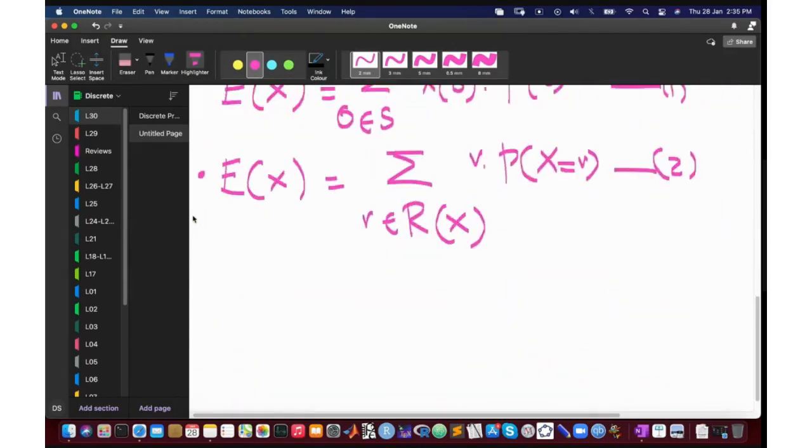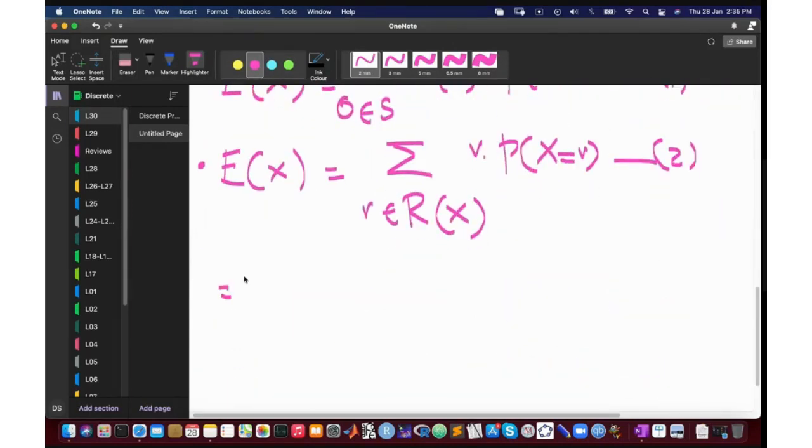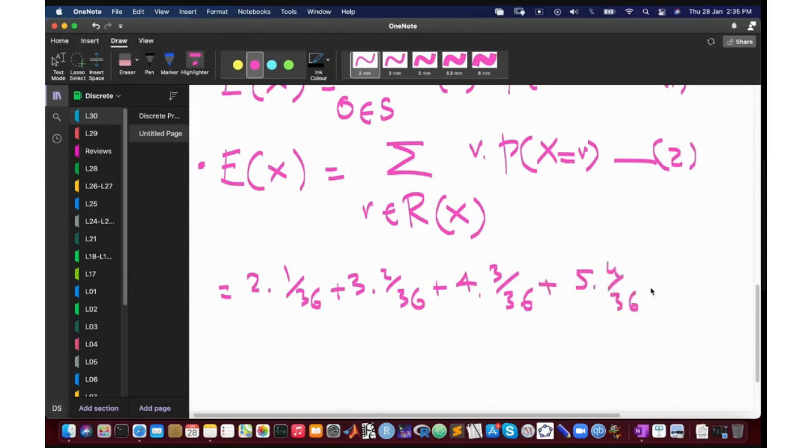Okay, so for example, you have 2 with probability 1 over 36. You have 3 with probability 2 over 36. You have 4 with probability 3 over 36. You have 5 with probability 4 over 36. You have 6 with probability 5 over 36. You have 7 with probability 6 over 36.